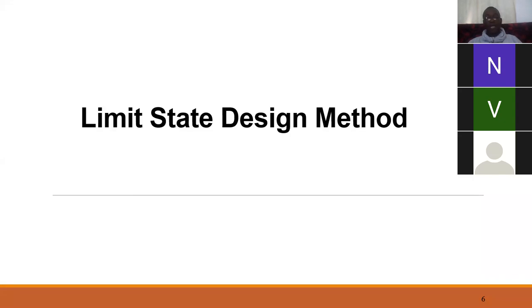Okay? Now, before implementing this design, it is very important to know these limit states. What are the limit states? How many limit states do we have? What are the constituents within each part of the limit state?